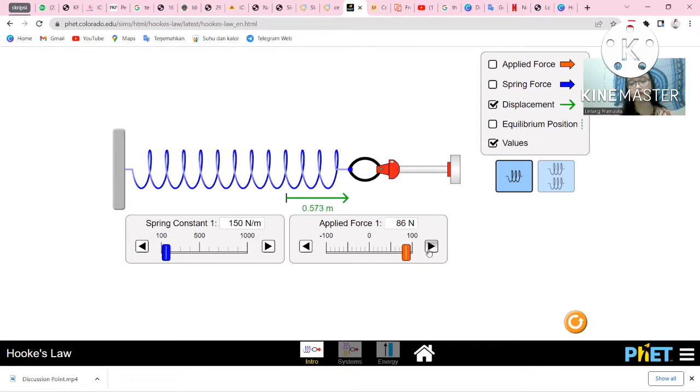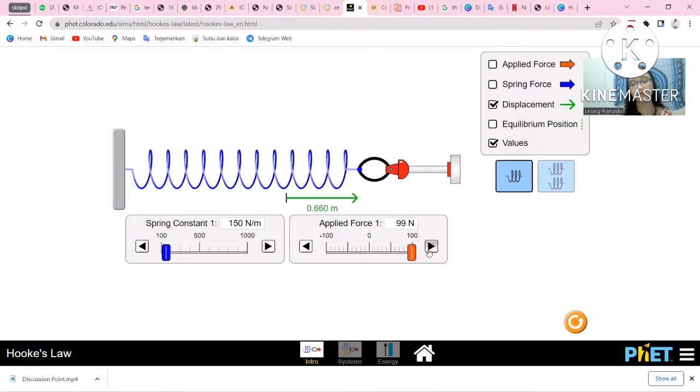And when the applied force is 100 Newton, the displacement of the spring is 0.667 meters. So, based on this experiment, we can see that the greater the force, the greater the displacement value of the spring too.